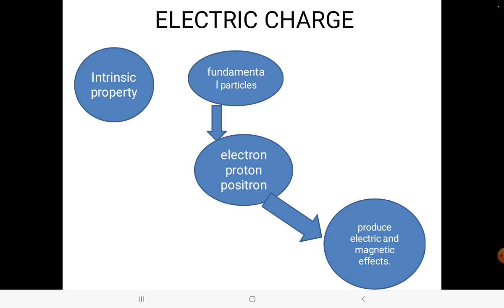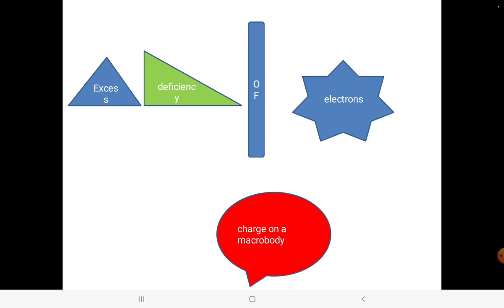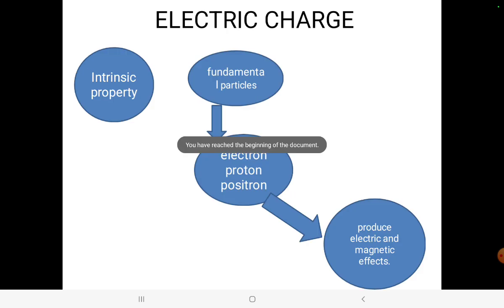So here you can see that charge is an intrinsic property.